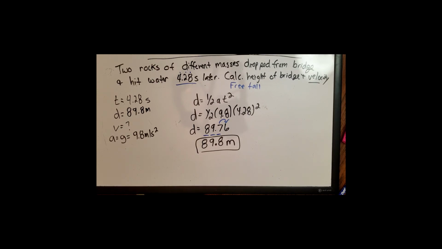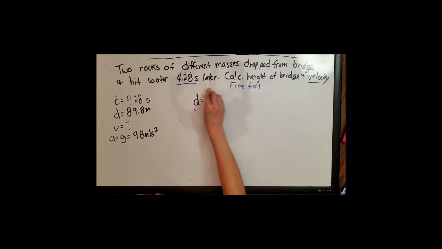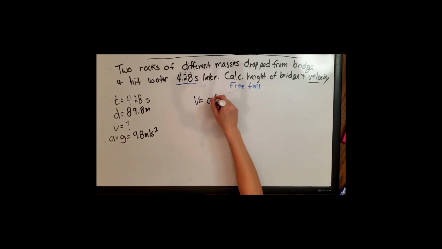Right, so now let's try to solve for the velocity, the other unknown. So velocity from the last problem is just acceleration times time. So don't need to rearrange this one either.